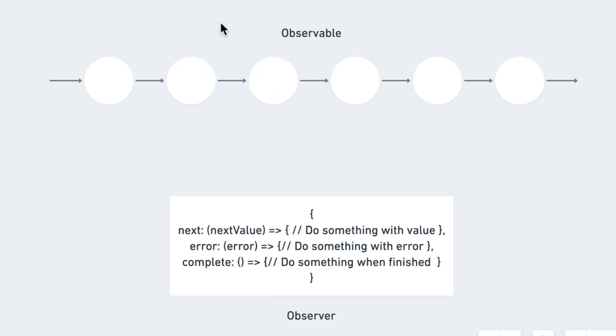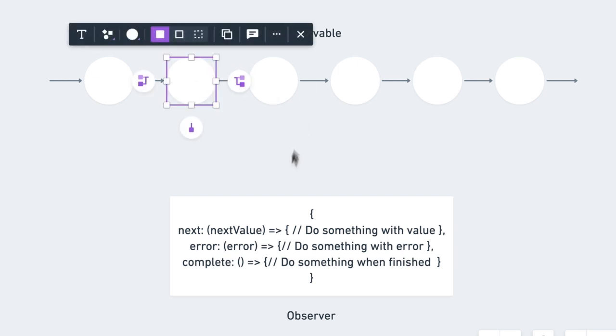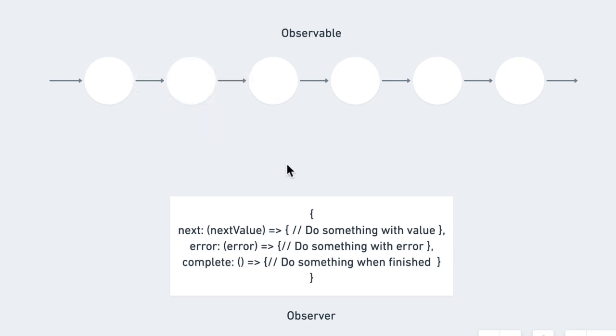So for example, if you remember when we were doing our Monsters Rolodex and we had an onClick, in order for us to bind something to a stream of data like that, you can kind of see that there had to be some code implemented in order for us to actually capture that event. And you can see that on this data here, there might be some event data that we want to handle, right, with our code. So all an observer is, is some piece of code that wraps around this stream of events.